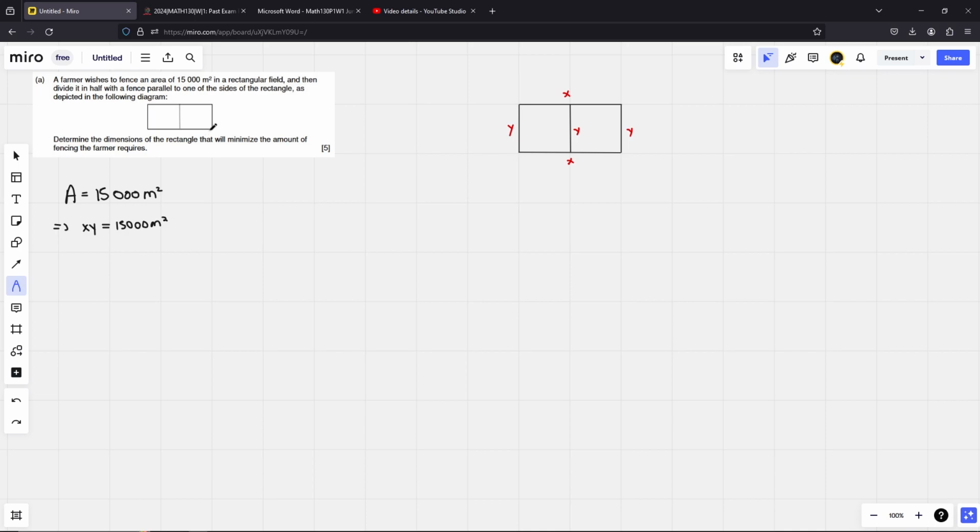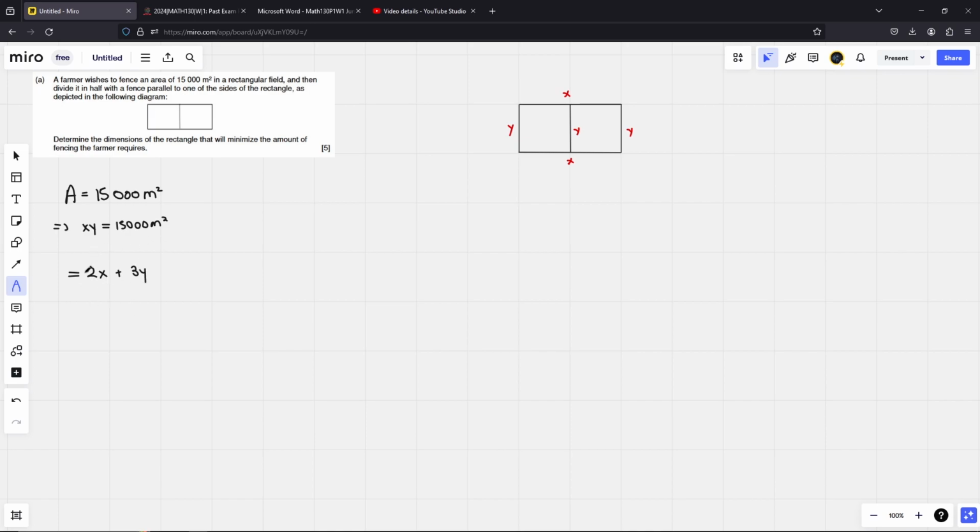Okay, cool. So if I think about the amount of fencing that the farmer requires, well, if I add up all these sides, I'm going to get something equal to 2x, which is x plus x, and if I add up these 3 y's, that's plus 3y.